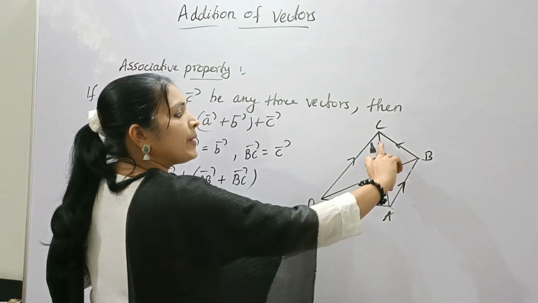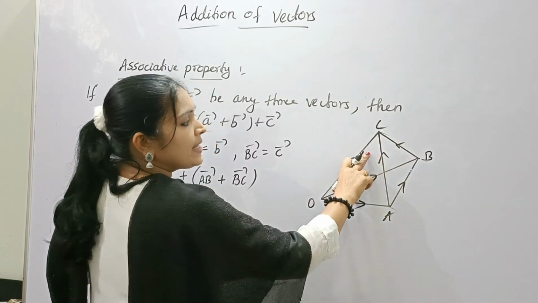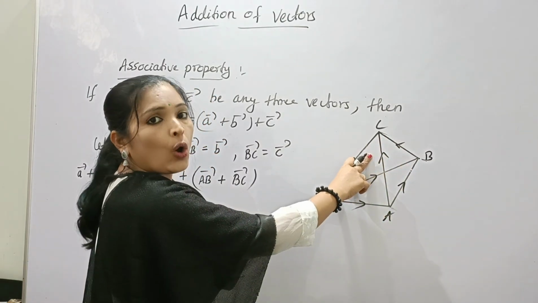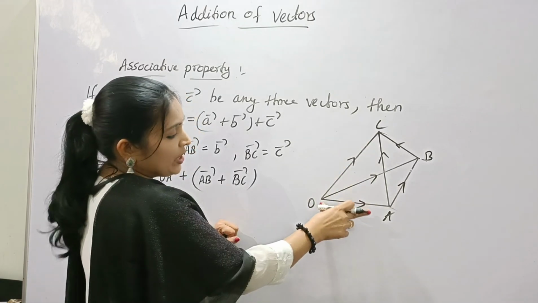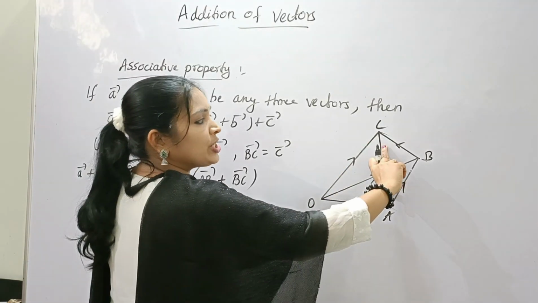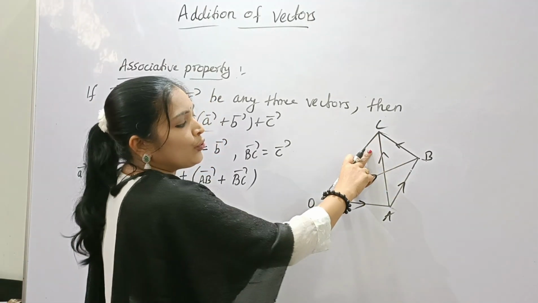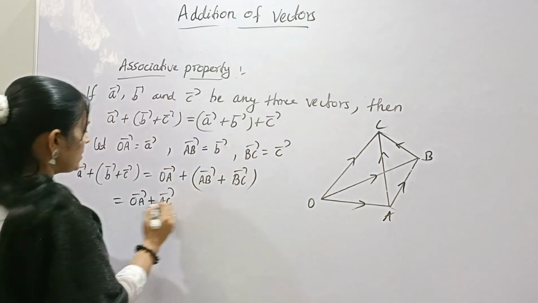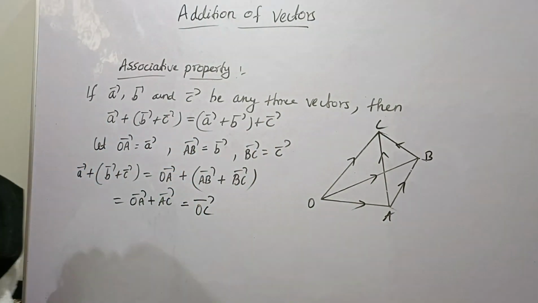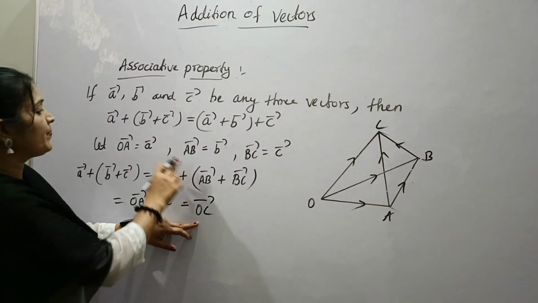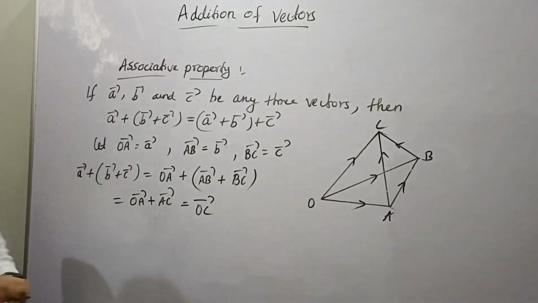Vector OA plus vector AC is again, by the triangle law of vector addition, equal to vector OC. So the LHS is vector OC.